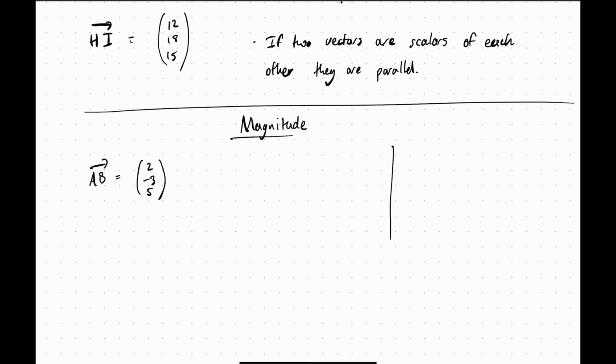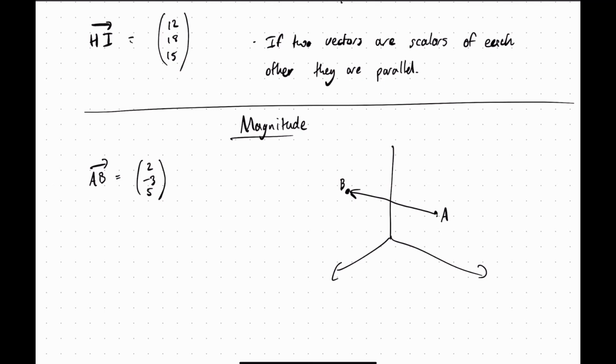Right. So, let's give a bad sketch again. This is A. This is B. Right. You can break down, guys, you can break down your vector into its x, y, and z directions.